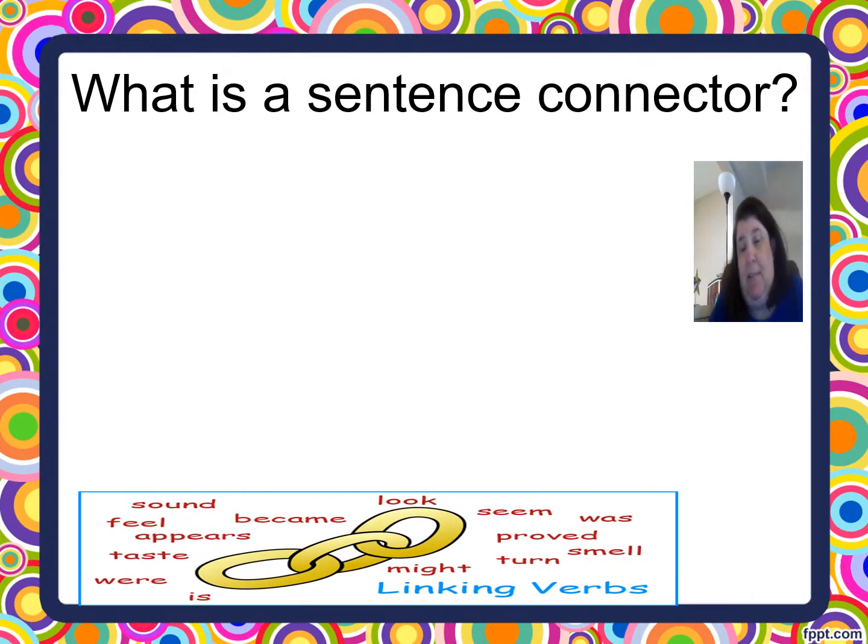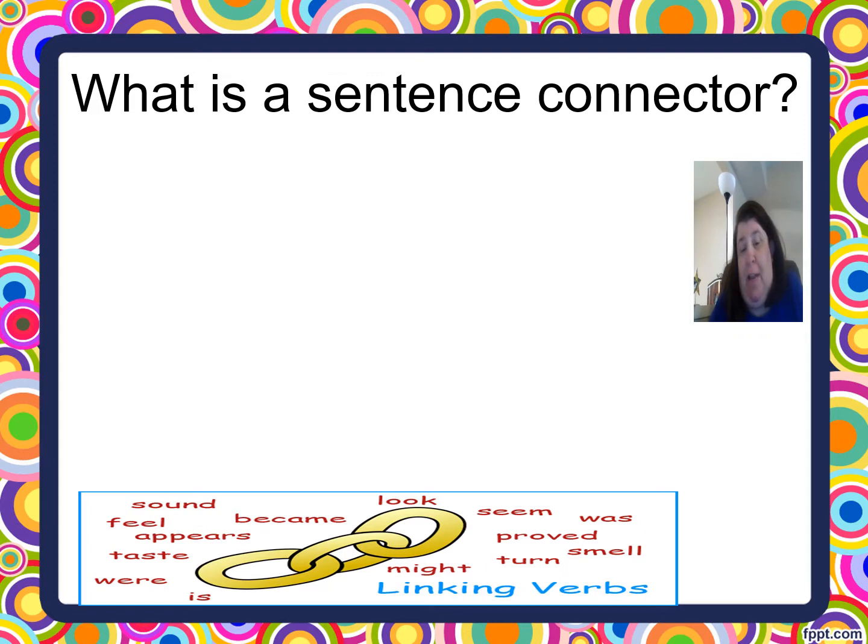So we're looking at sentence connectors. And we see down here at the bottom some linking words, and we see this chain. That's kind of how you have to look at linking words: they connect things. They bring things together.